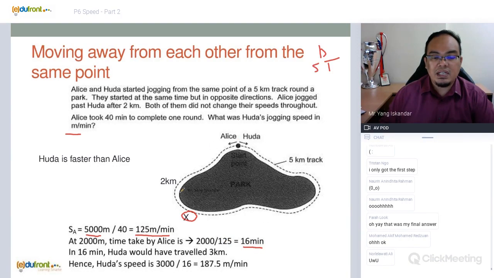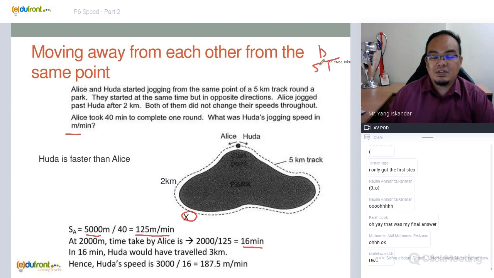So Alice took 16 minutes to jog to pass by Huda. In 16 minutes also, Huda would have traveled 3 kilometers before she passed by Alice.